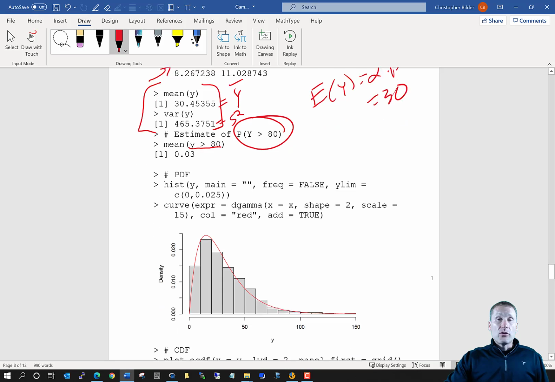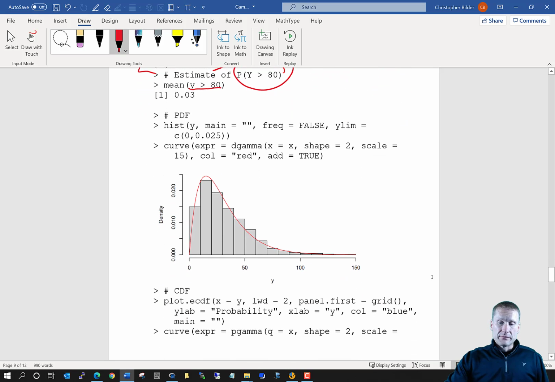I could also do a histogram of the sample so that I can plot the actual PDF on it. I'm going to use the freq equal FALSE argument so that it rescales the y-axis. I then plot the corresponding PDF using the curve function, where I use dgamma to get me my f of y. When I do that, we can see that this histogram follows the same shape as what we get for the actual PDF itself.